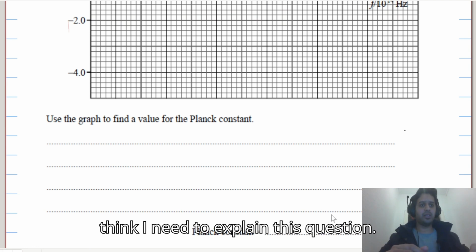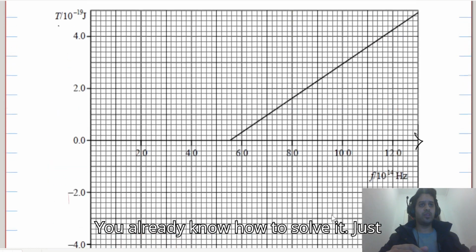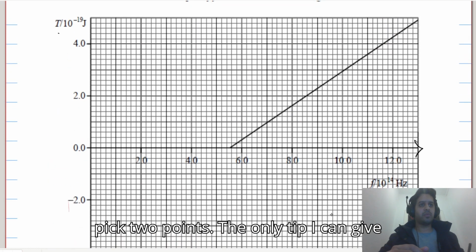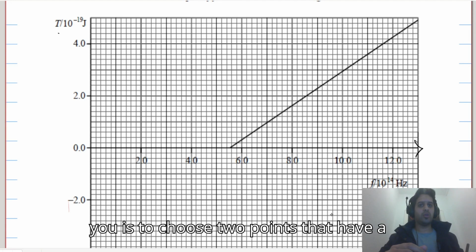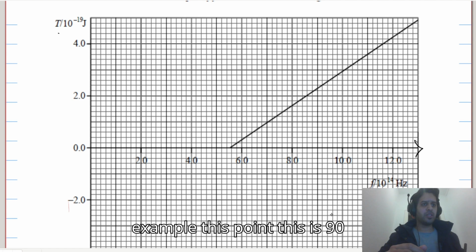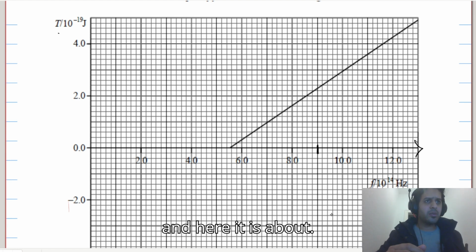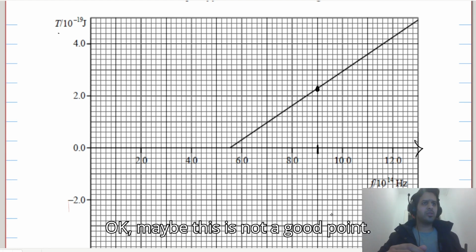Now, I don't think I need to explain this question. You already know how to solve it. Just pick 2 points. The only tip I can give you is to choose 2 points that have a well-defined value. So maybe, for example, this point, this is 90, and here it is about, okay, maybe this is not a good point, but maybe this is a good point.